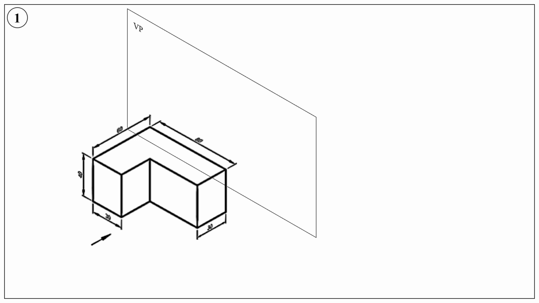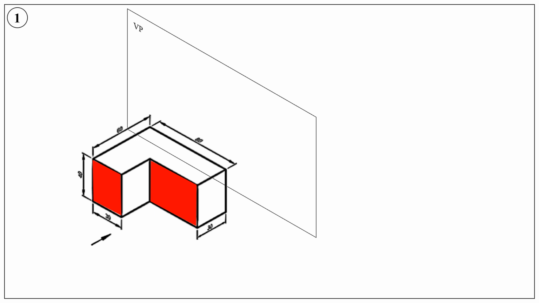When we view the object in the direction of the arrow mark, we will be able to see the two planes which are shaded in red color.